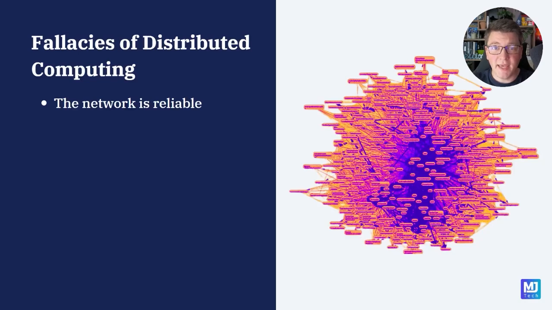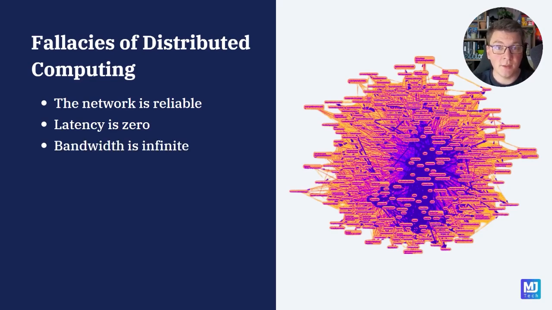If you are building any kind of distributed system, you need to be familiar with the fallacies of distributed computing. And the first one is that the network is reliable. Hint, it's not. Here's another fallacy. Latency is zero, and in reality, nothing could be further from the truth. Bandwidth is infinite is another common fallacy. The network is secure.